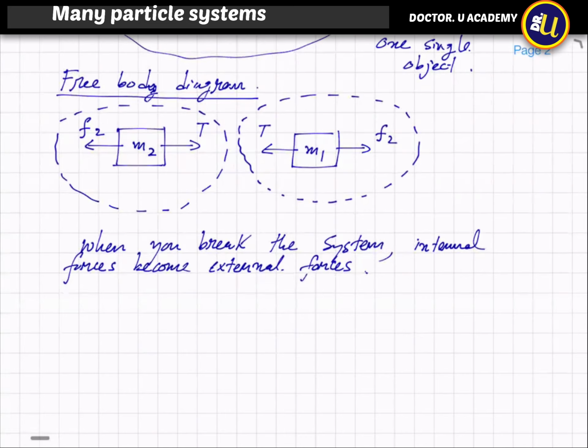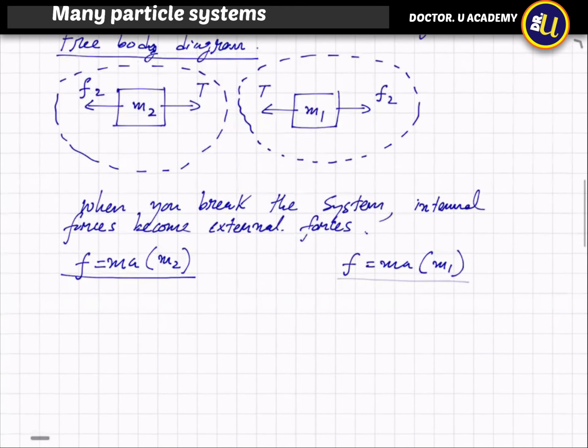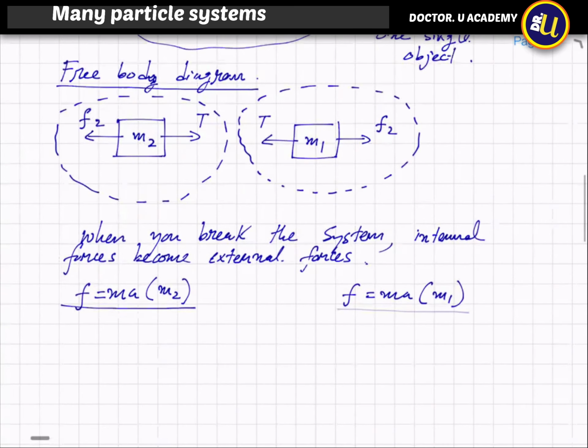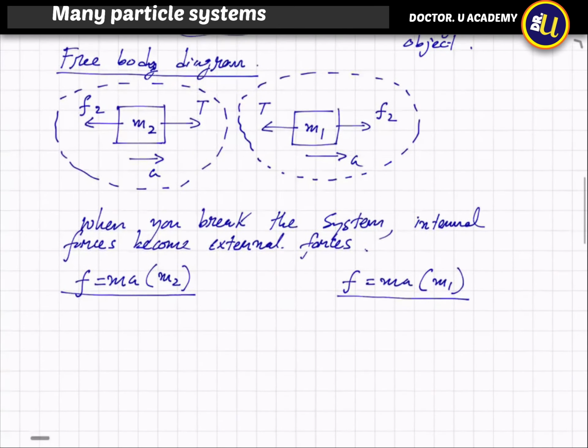So now we use F = ma on the M2 mass, and separately we use F = ma on the M1 mass. On M2, we know that it is moving in the right-hand direction, so motion is to the right.